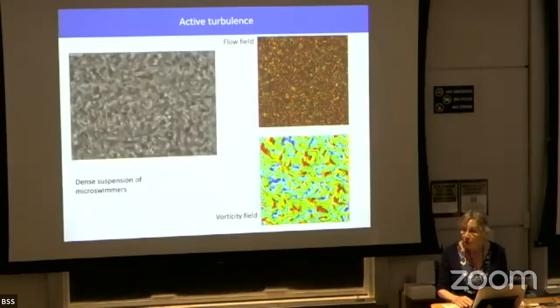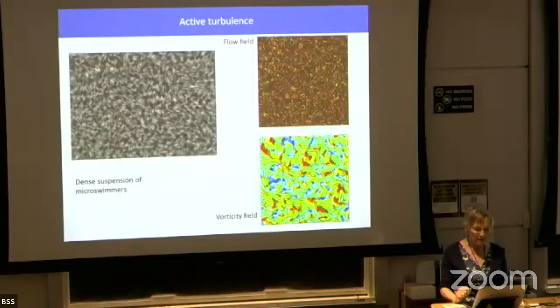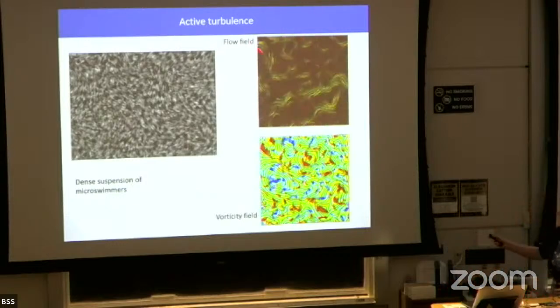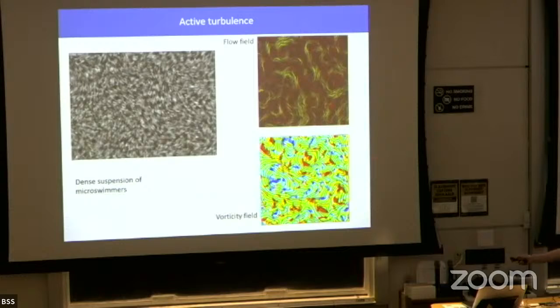If I solve the equations and plot the velocity field, it looks like this. The yellow things are regions of higher velocity, and you can see you tend to get these jets of velocity. And then this thing here is the vorticity field, and I can't actually remember whether I've taken that from an experiment or from simulations. They really do look pretty much the same as each other.